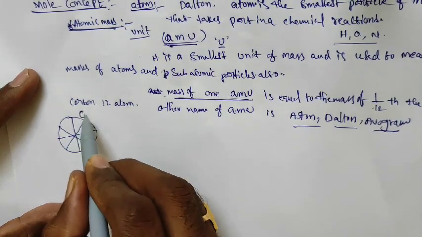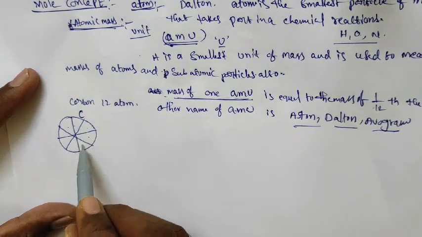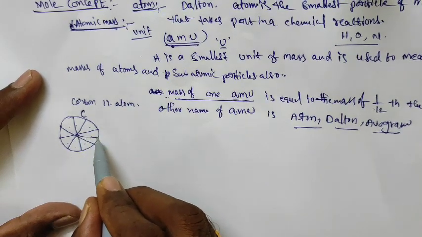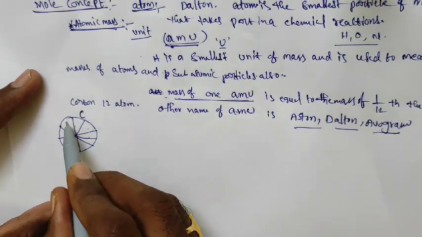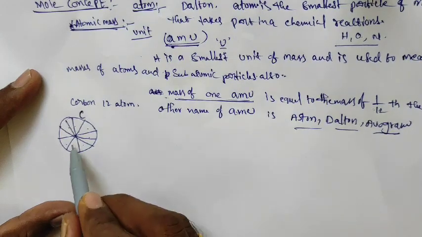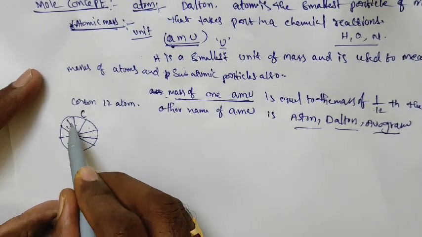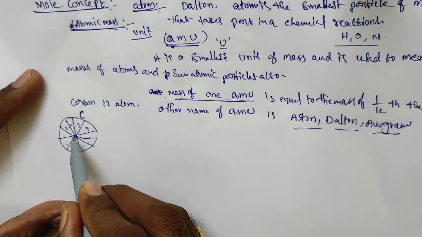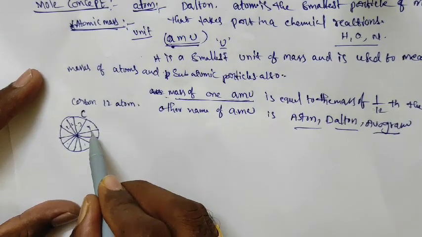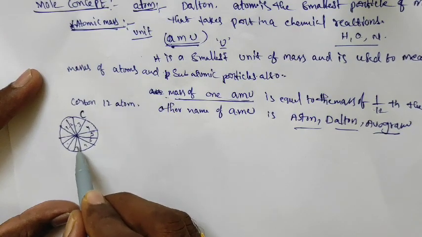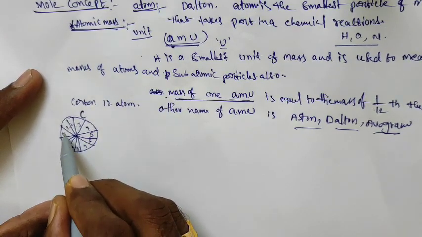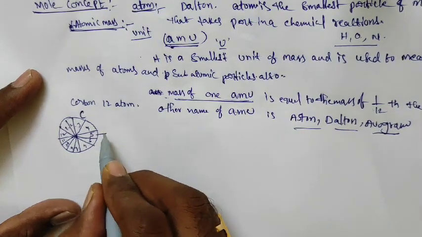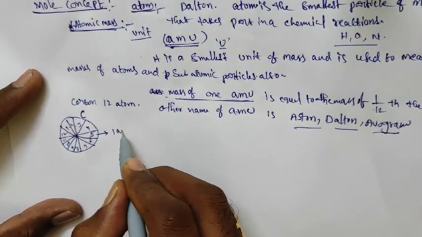This is one carbon atom, divided into parts: 1, 2, 3, 4, 5, 6, 7, 8, 9, 10, 11, 12. In this, one part is 1 AMU.